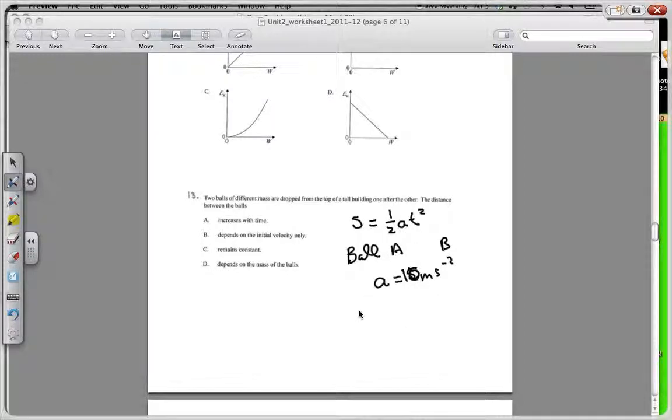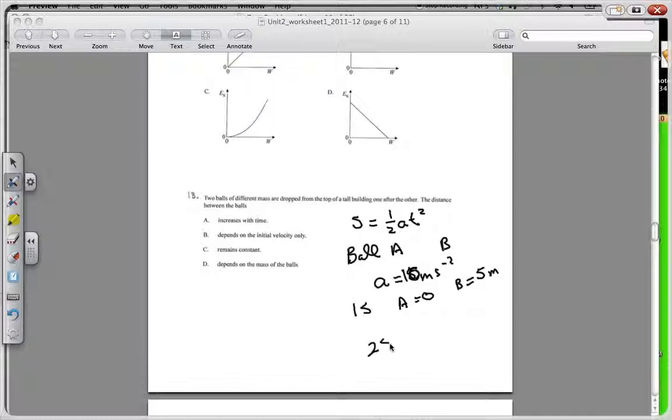So after 1 second, ball A would equal 0, it hasn't been dropped yet, and ball B, if it's been dropped, will be 5 meters.